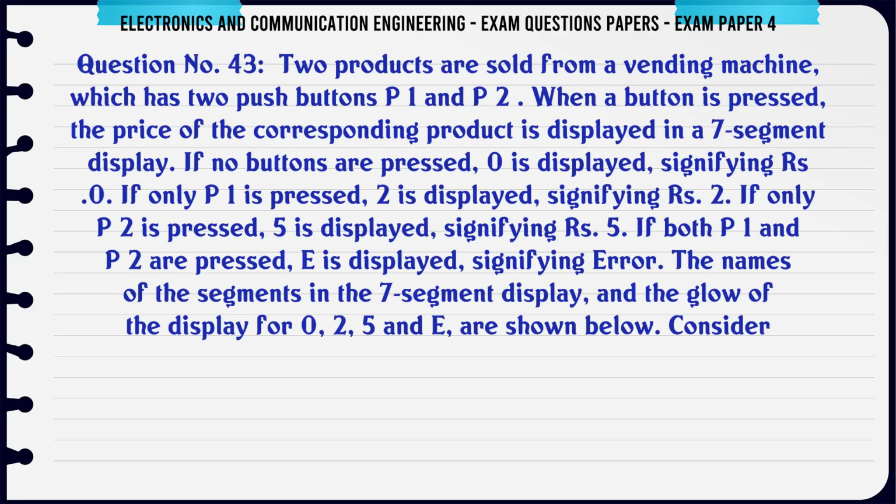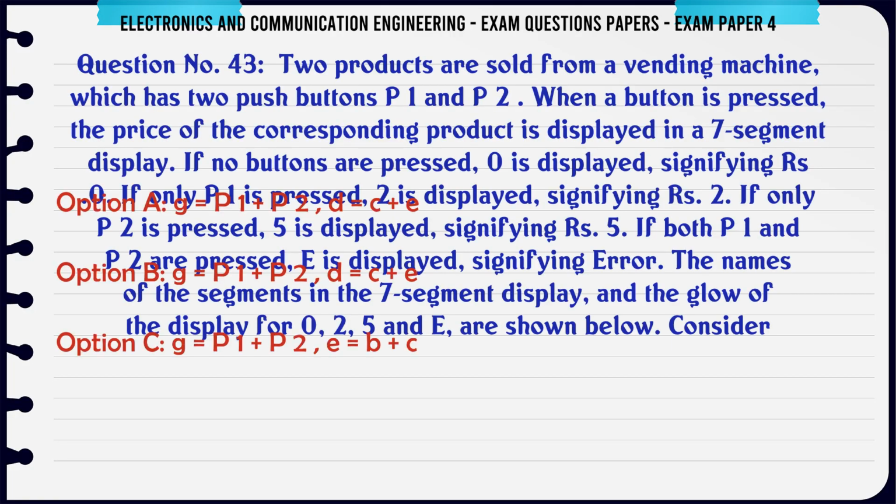Two products are sold from a vending machine which has two push buttons, P1 and P2. When a button is pressed, the price of the corresponding product is displayed on a 7-segment display. If no buttons are pressed, 0 is displayed, signifying rupees 0. If only P1 is pressed, 2 is displayed, signifying 2 rupees. If only P2 is pressed, 5 is displayed, signifying 5 rupees.